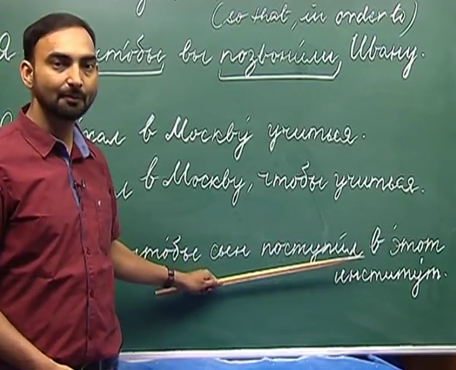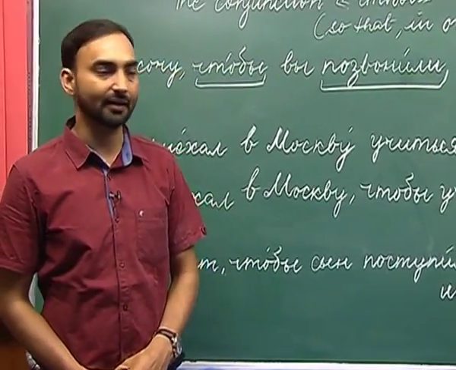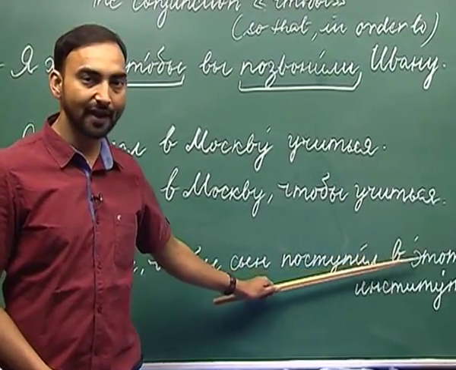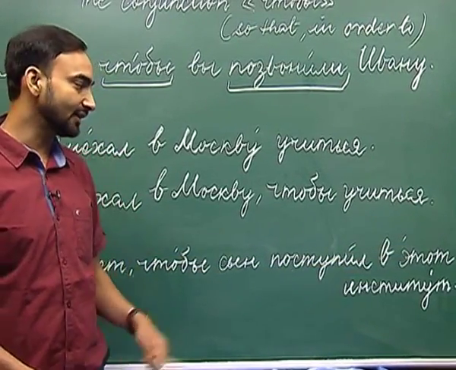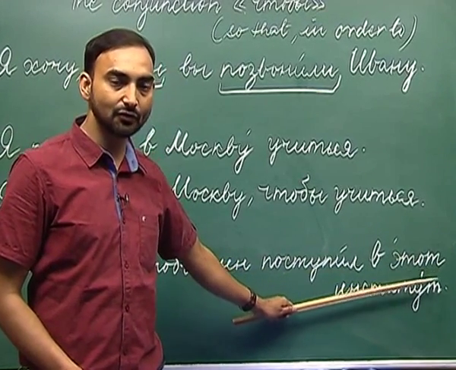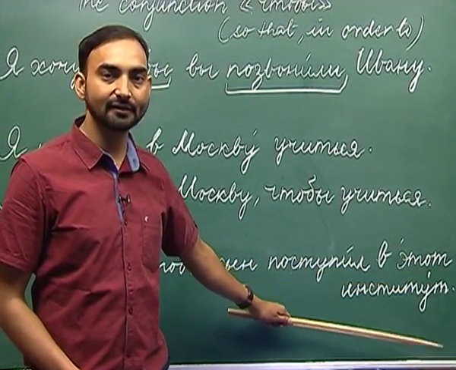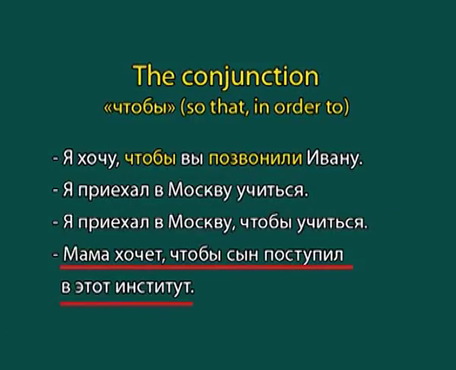Поступить, поступать: поступить is to take admission somewhere, and it takes в or на plus noun in the accusative case. That is why we have used в этот институт. Institute in the accusative case remains institute. Mother wants her son to take admission in this institute.